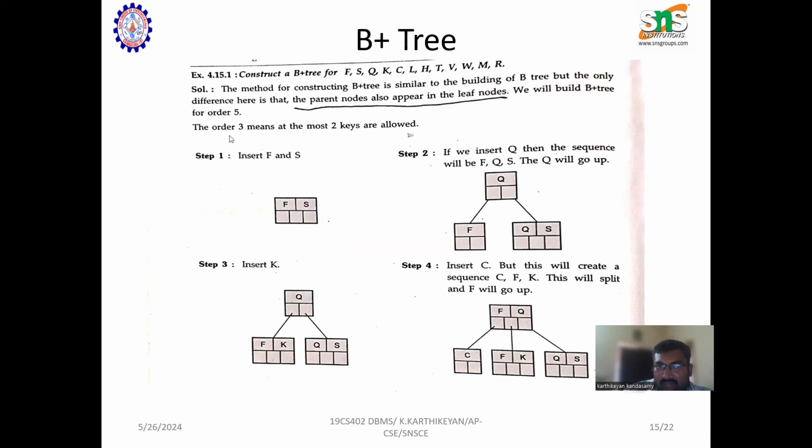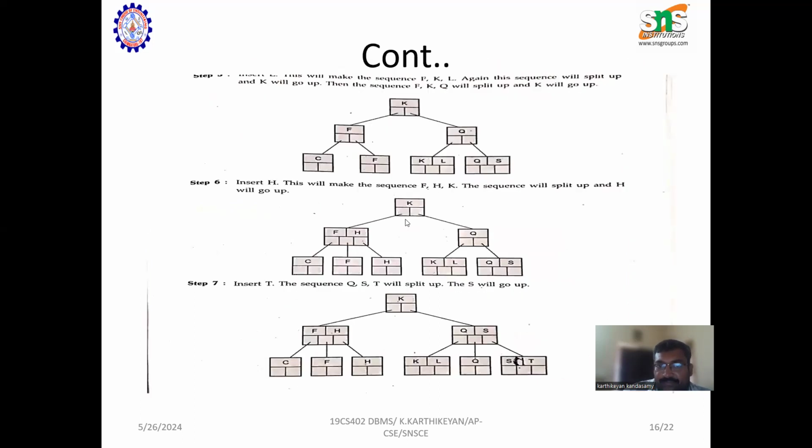My order is 3, so m minus 1 is 2 keys. After I insert, Q can be observed in the leaf node. So this is called a B plus tree, and the same continues for all the words in the tree. This is the final answer.